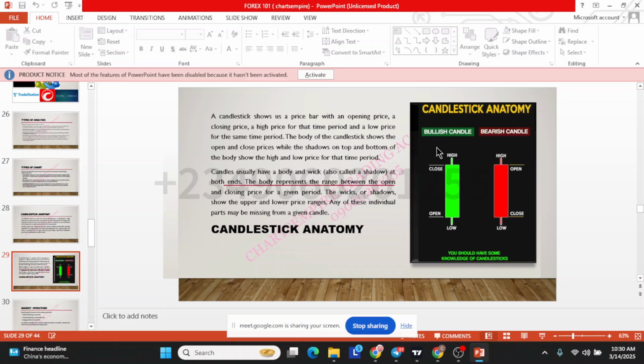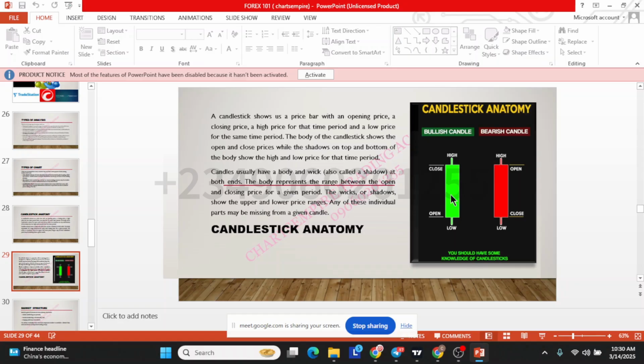Remember that we said bullish is when the market is going up and bearish is when the market is going down. So when the market is going up, what tells us that there are buyers in the market are bullish candlesticks. And for us to know that the market is going down, we have bearish candlesticks.